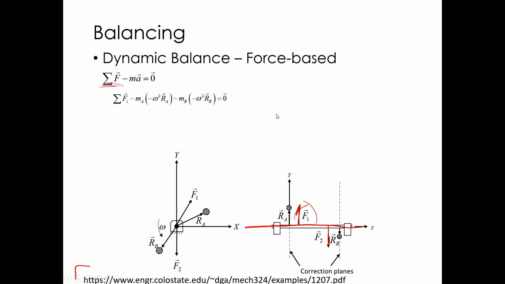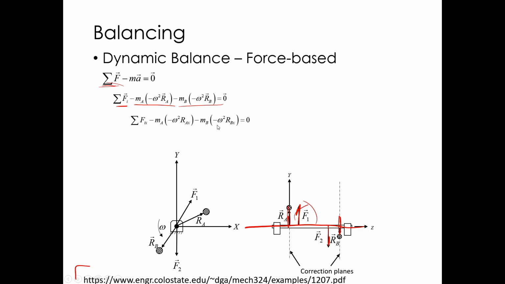All right, so we have the sum of our forces. We're going to use two of these, two forces, two planes to measure force. And then we're going to have the forces from our two weights we're going to add. Again, we're going to add a weight on plane A, which will define the origin of our z-axis. We're going to add a weight on plane B. The plane A weight will define our origin, and then the plane B weight will be somewhere over here, some z distance away that'll be known.